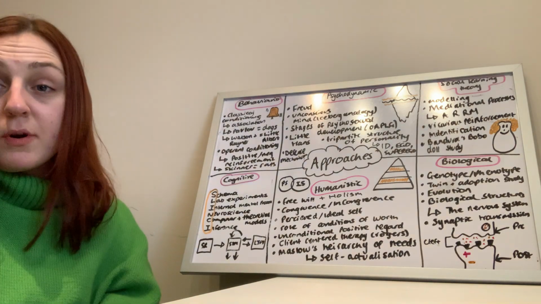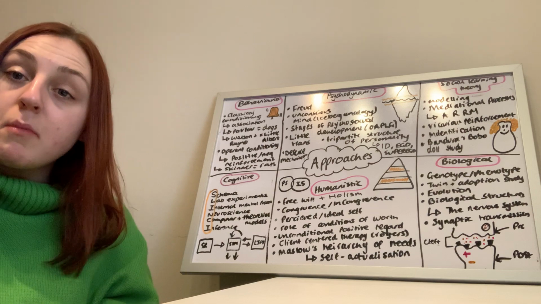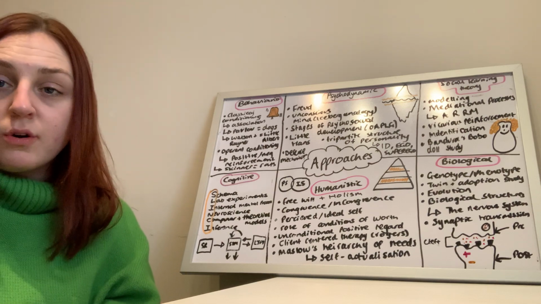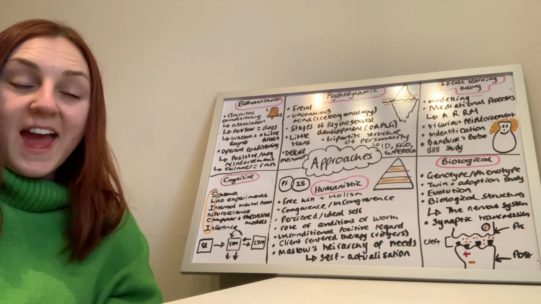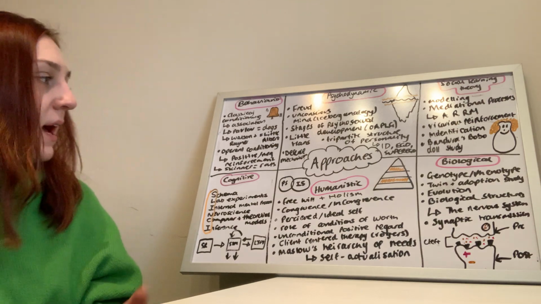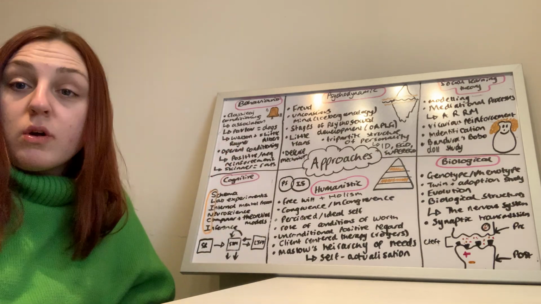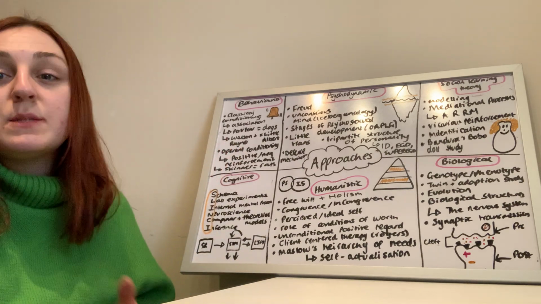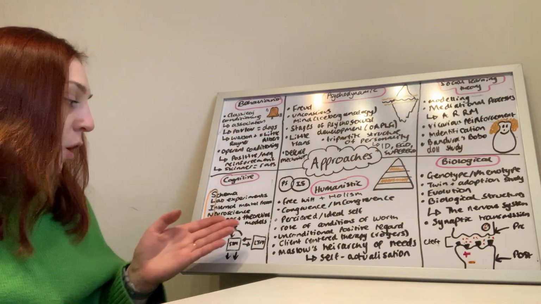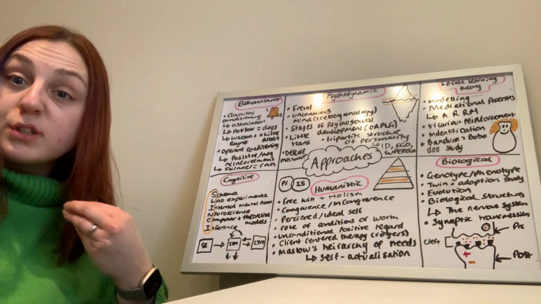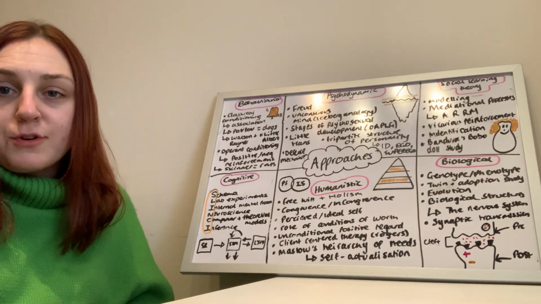So cognitive approach is all about the idea that thoughts influence behaviour, but more specifically conscious thoughts. So if you think about comparison of approaches, a nice thing to bear in mind is that the psychodynamic approach believes that thoughts influence behaviour, but they specifically think that it's unconscious thoughts, whereas cognitive believes that our current conscious thoughts that we are aware of, that is what governs and controls behaviour.